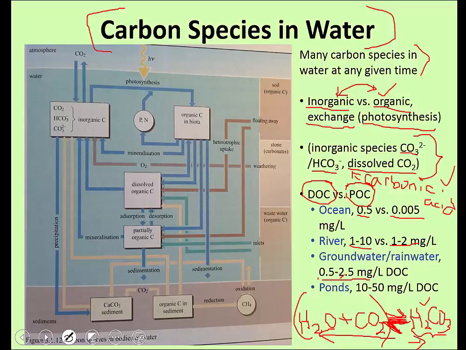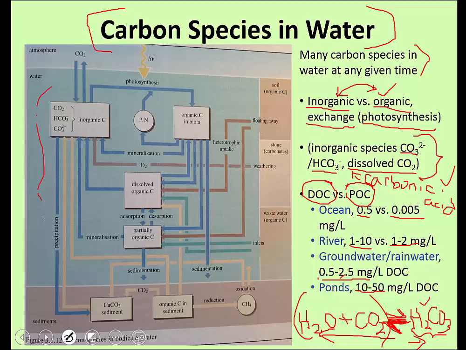It's only about 0.5 to 2.5 milligrams per liter, whereas ponds that sit and stagnate may have a lot more. They have time to let that dissolve, 10 to 50 milligrams per liter of dissolved organic carbon. So a lot of carbon moving around here.